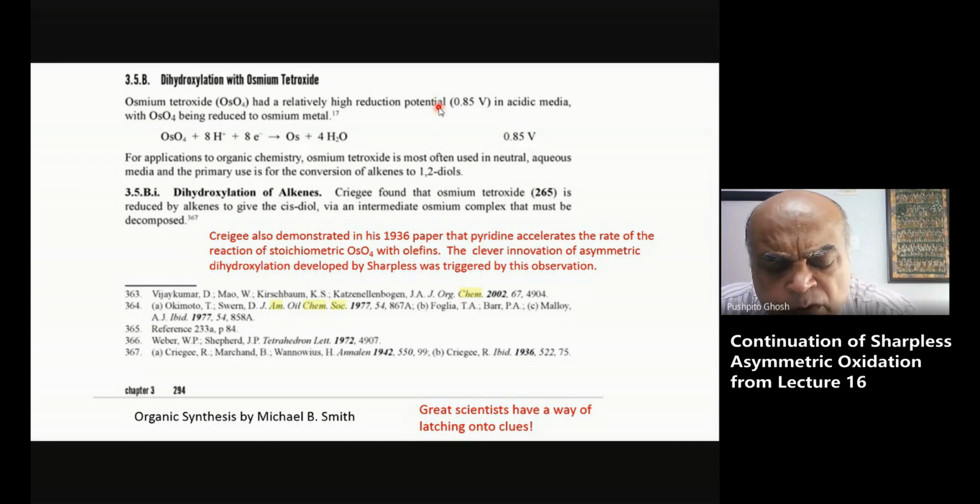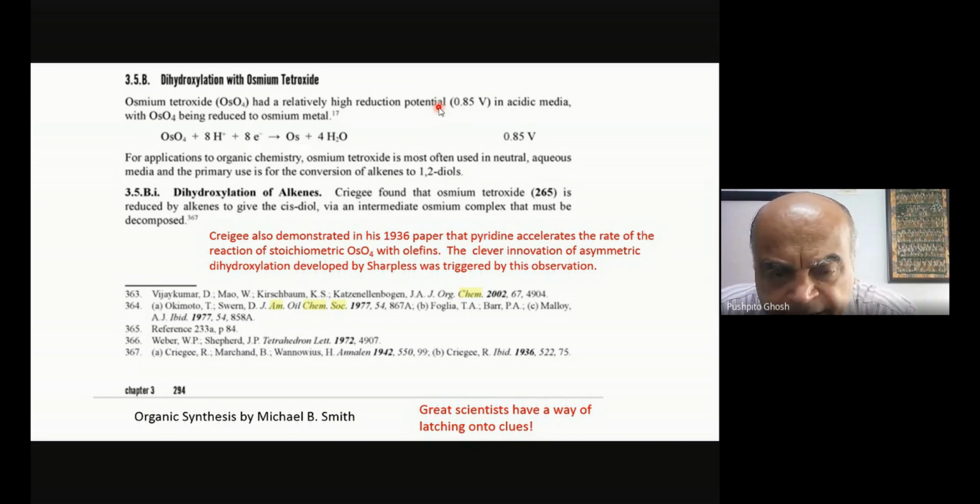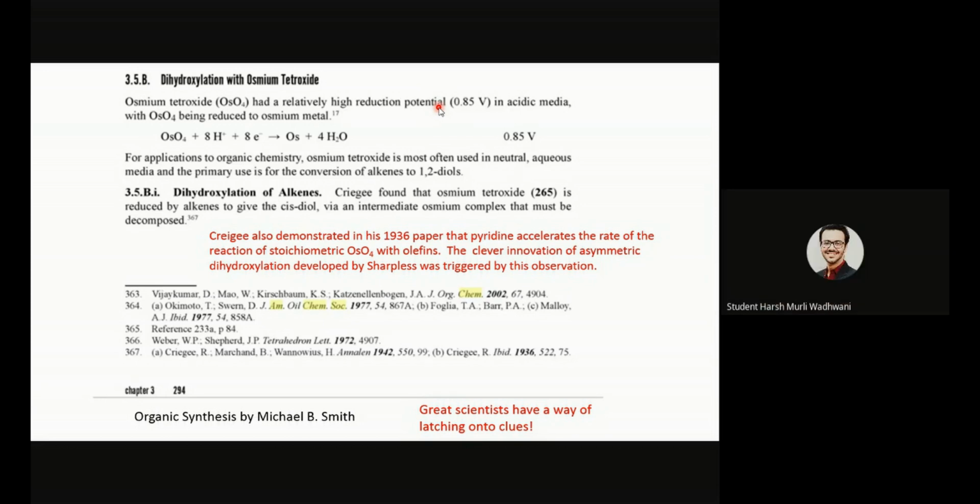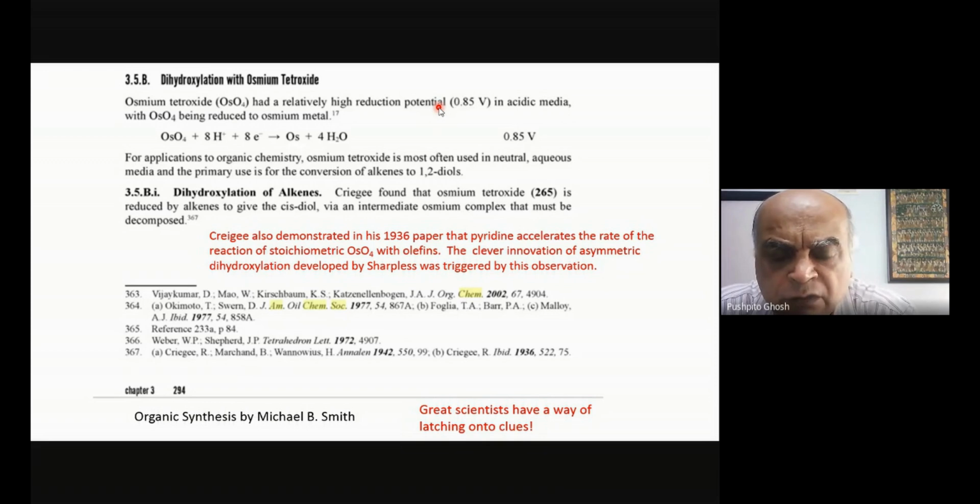Are you aware of the reaction of olefins with osmium tetroxide? Anyone? Okay, probably not. It was known since 1935-36 that osmium tetroxide is a very good reagent for converting even simple olefins into a dihydroxy compound.